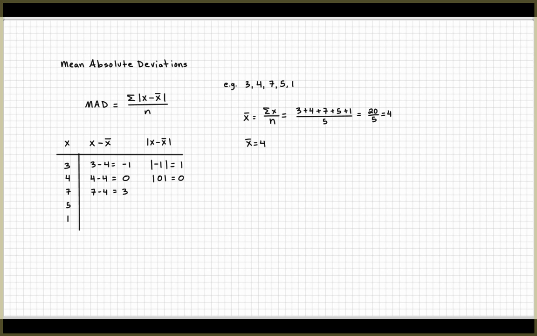Let's try the next one. 7 take away 4 is going to be 3. Absolute value of 3 is going to be 3. Next data value is 5 take away 4. That's going to be 1. Absolute value of 1 is going to be 1. And then the last one is what? 1 take away 4, which is equal to negative 3. And then the absolute value of negative 3 is going to be 3.